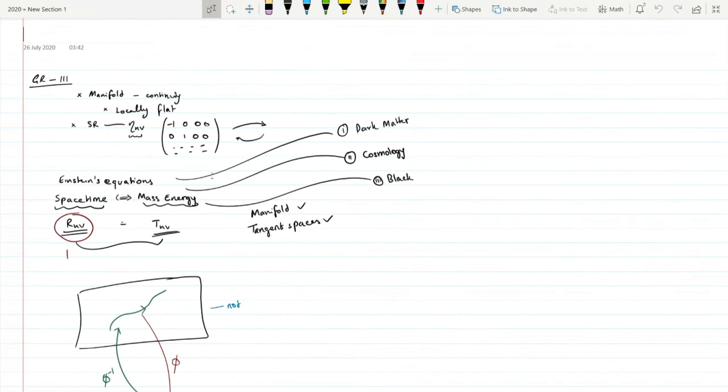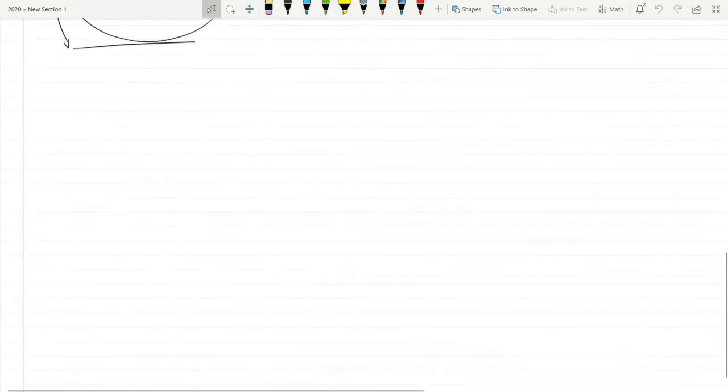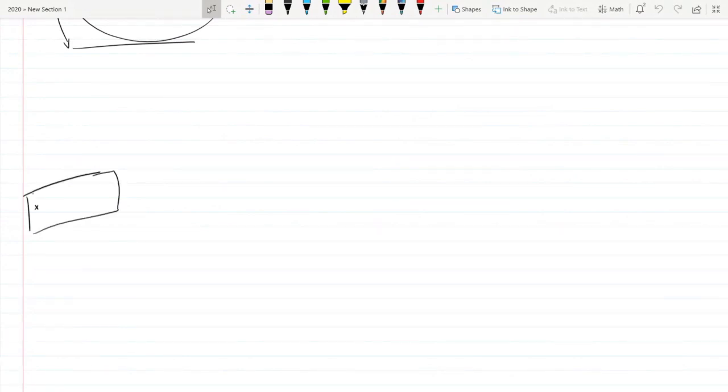Okay, so if you remember the last time, we left off by saying that there was a crucial point that I wanted to make: we're taking a point on our manifold here, and we're going to see how it's separated from another point here. Can everyone see what I'm drawing right now?